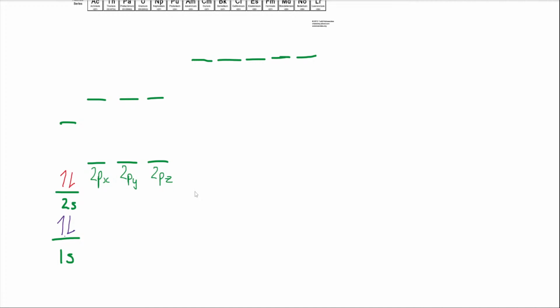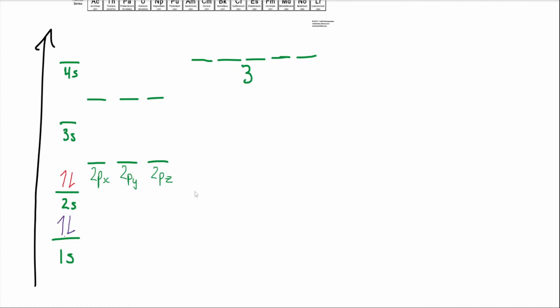But then the 4s is here. So if you're an electron trying to find the lowest spot on the hill, this is where we can kind of understand.